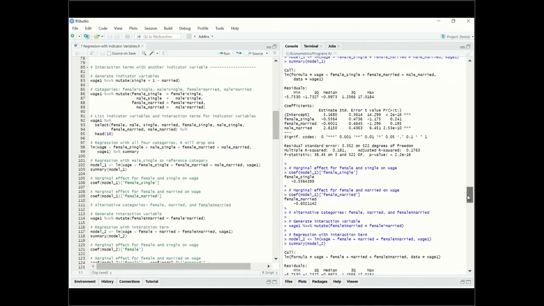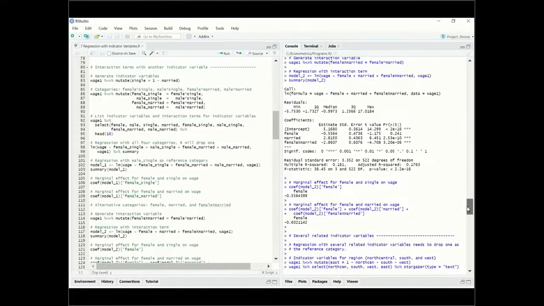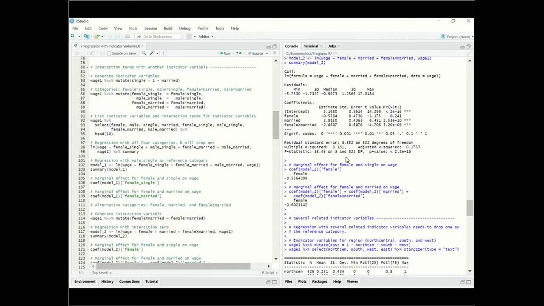So these are the results that we see here. Here we have a coefficient on female, on married, and the interaction term for them. Now, if we want to calculate the marginal effect for being female and single on wage, that would be the coefficient on female right here, because for a single person married would be equal to 0, therefore the interaction term would be equal to 0, so we only have this coefficient.